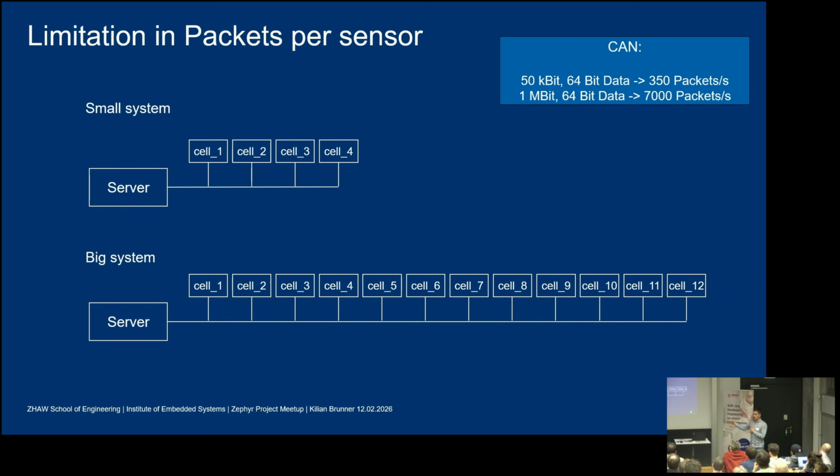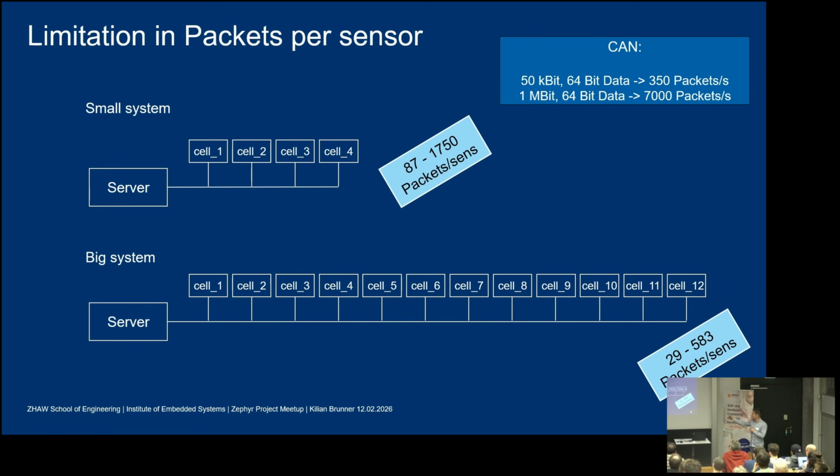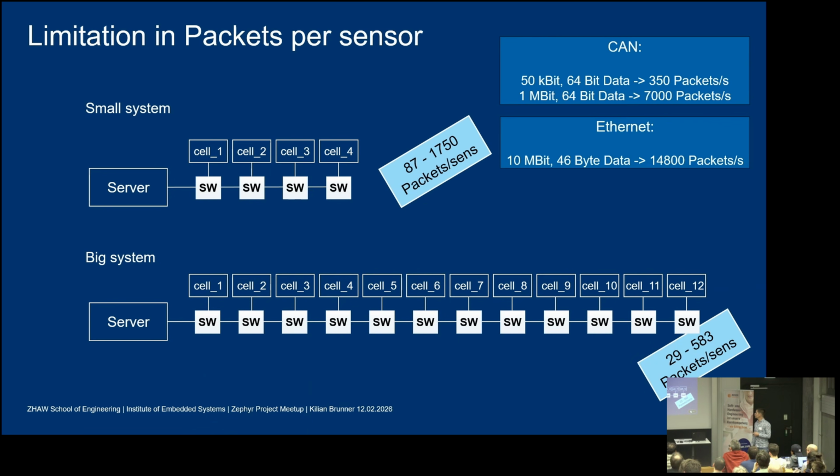So if we now put these numbers into these different systems, we see on the small system, we get maybe our 1000 packets per sensor per second. On the bigger, we don't. If we bring in here also Ethernet, add the switches, and know that on Ethernet, the smallest packet is 64 bytes.